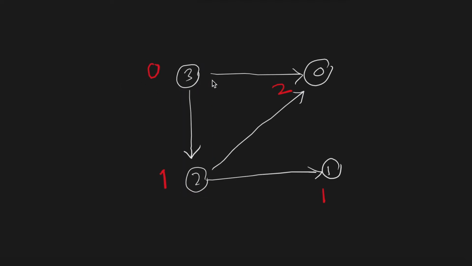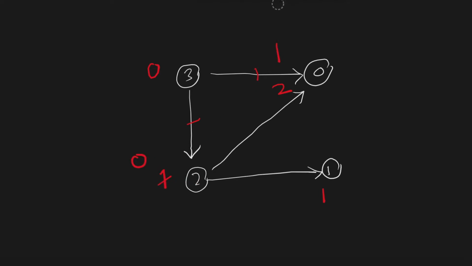Now what will we do? We look at the neighbors of this particular node whose in degree is 0, so 3. For 3, 0 and 2 are neighbors, and we'll start removing these edges. We'll remove this edge and this edge also. When we remove these edges, what will be the in degree for 0 and 2? For 0 this will be 1, and for 2 it will be 0.